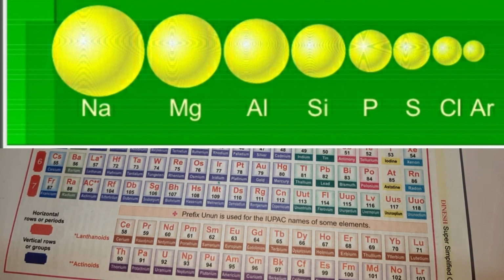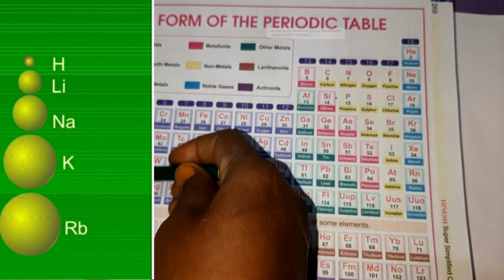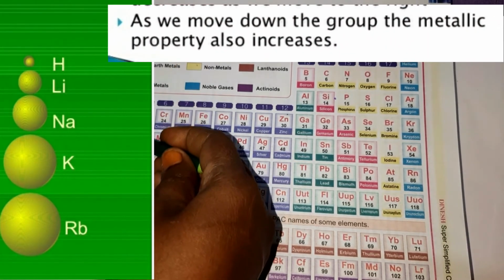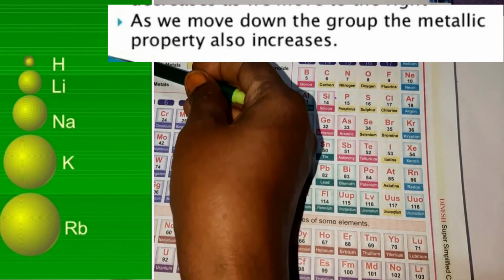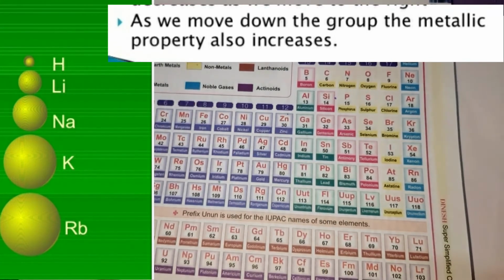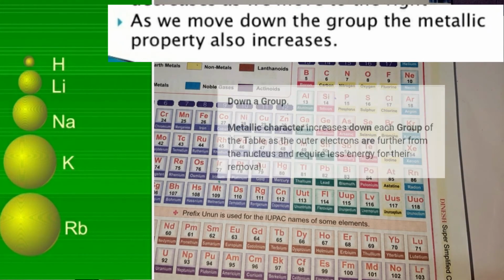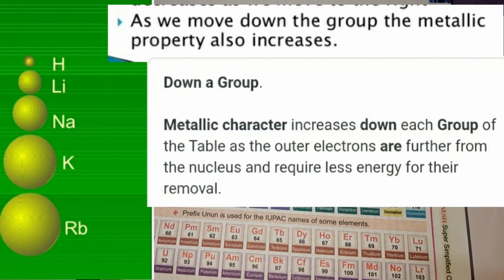What happens to the metallic property as we move down the group? The metallic property increases as we move down the group. Why, children? Because the outer electrons are further from the nucleus and require less energy for their removal.